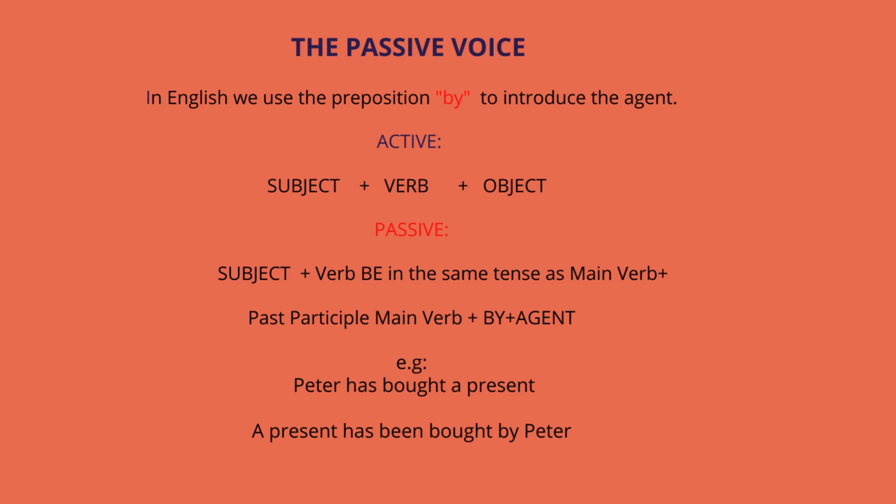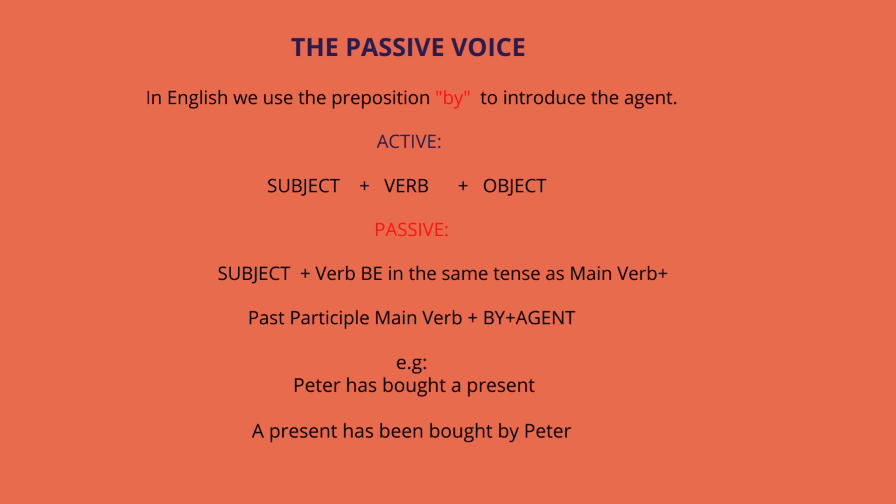And if we want to transform it into the passive voice, we need to make some changes. So for sure, we have the subject plus the verb to be in the same tense as the main verb, plus the past participle of the main verb. And if we want to add the agent, we need the preposition by.